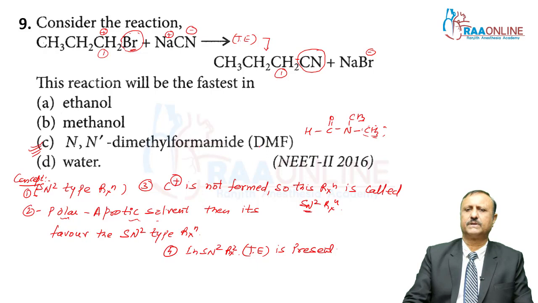Short form of this compound is called DMF. D for di, M for methyl, and F for formamide. So my dear students, it is also called dimethyl formamide. This question was asked in NEET 2016. I hope I gave you the concept of this question, how to solve these questions, and you can learn, my dear students.